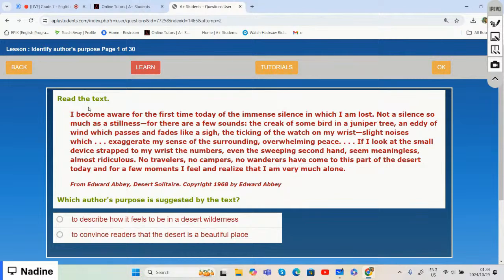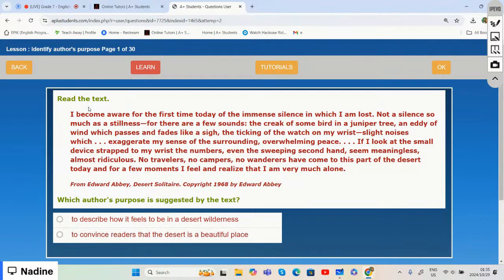Or is it option two, to convince readers that the desert is a beautiful place?